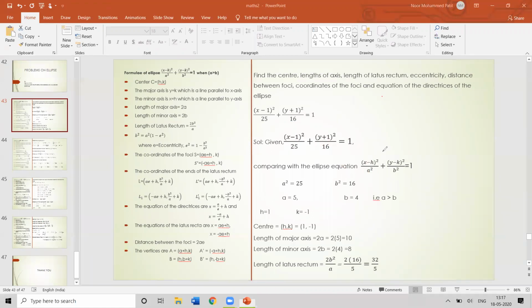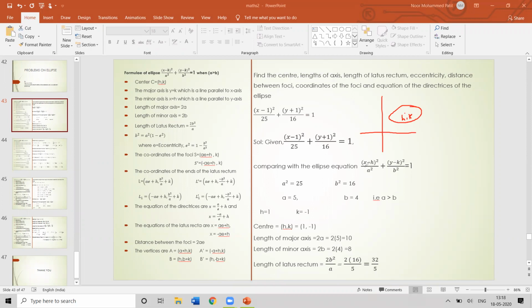If you consider this as my origin, then the ellipse is somewhere here. The center of the ellipse will be considered as h comma k. This we have already seen in the derivation. So now let us apply the formulas and then calculate.